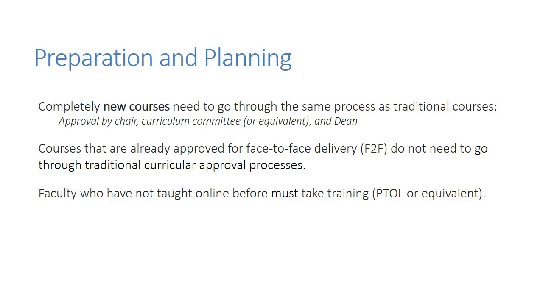If you're in one of the other schools, you need to follow the normal pattern for any new course in those schools. If those courses have already been approved by the appropriate curriculum committee or departmental committee, whatever is appropriate in your case, then it does not need to go through that all over again, as long as it was approved for the face-to-face.